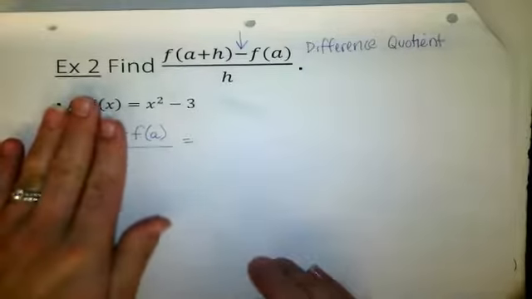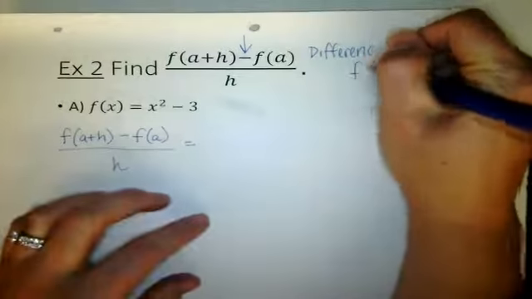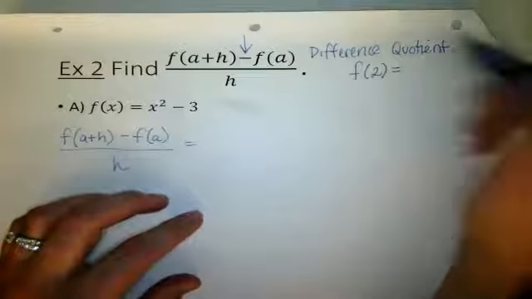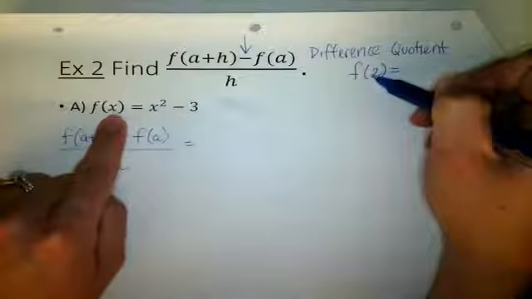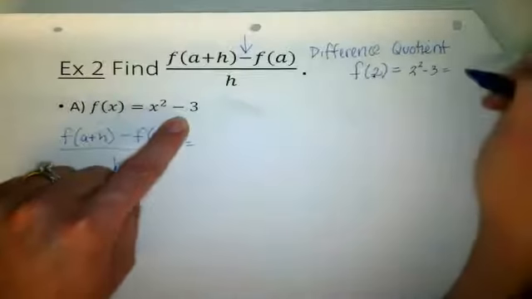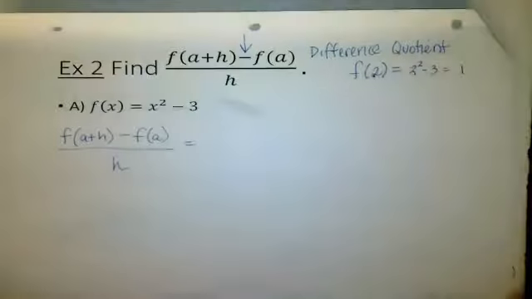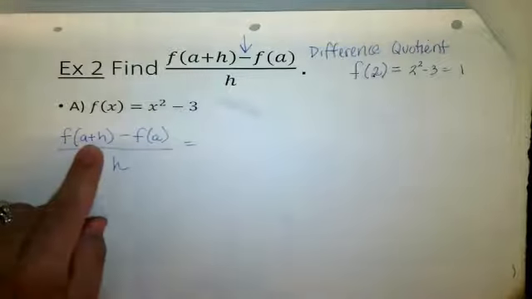So first of all, if I told you find f of 2, what would you do? Plug 2 in place of the x, and you would do 2 squared minus 3. 4 minus 3 is 1, right? So if it was a number, you'd plug it in. So what do you suppose f of a plus h tells you to do?